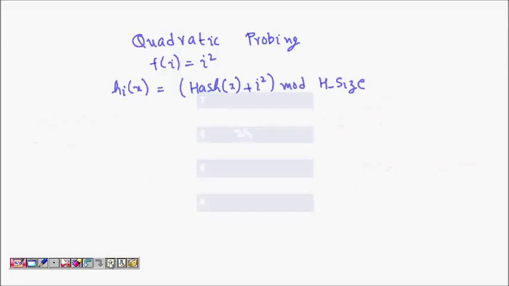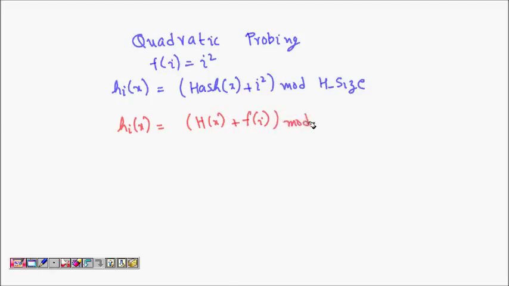It will be given by hi of x, which is hash of x plus some function. This is the closed hashing system, where fi is a function, and we are now using quadratic probing.